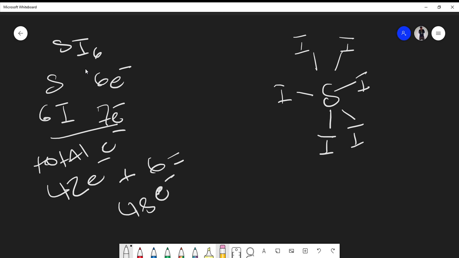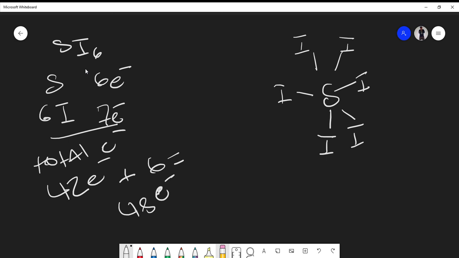Let's see how many of the electrons we've used out of the 48 thus far. We have 2, 4, 6, 8, 10, 12. So we've used 12 out of the 48 total electrons that we have here. So we still have 36 to place.